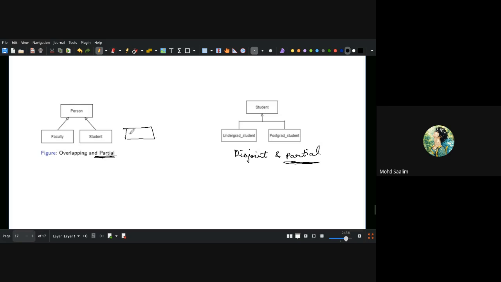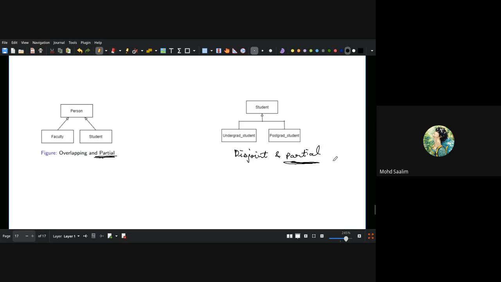If tomorrow a doctor comes, they are also a person, right? If tomorrow a PhD student comes, they are also a part of the student, right? That's why both of them are partial according to our database design.